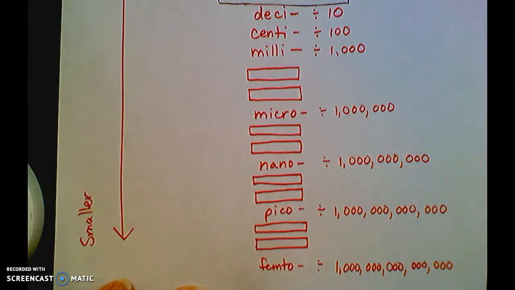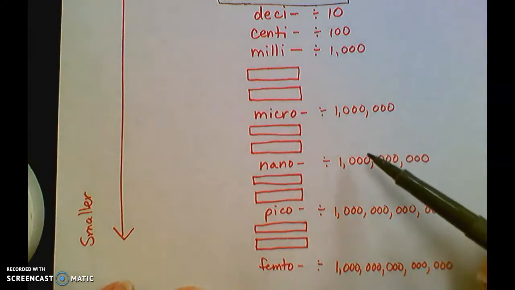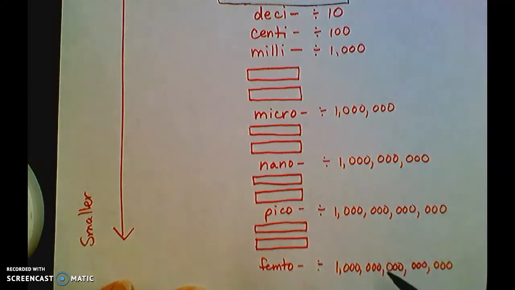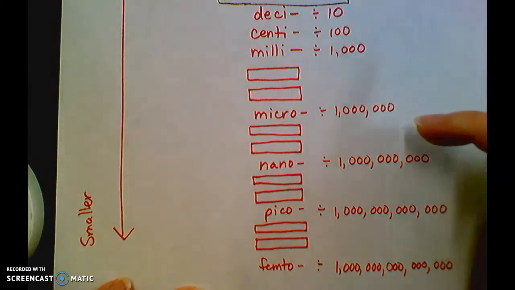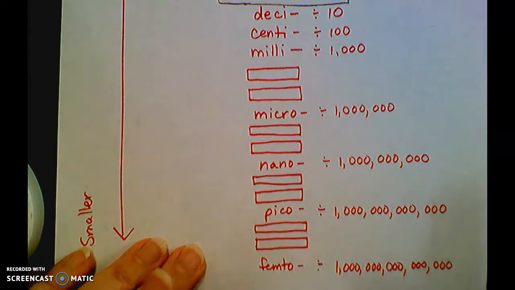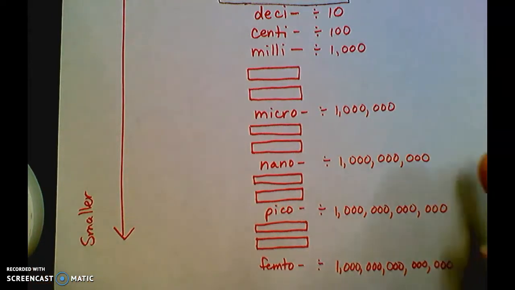And so realistically in chemistry, we talk about things that are at the nanometer scale or the picometer scale, even the femtometer scale. So the smaller units are kind of more important to us when we're talking about atoms than the larger ones. But I just wanted you to have some familiarity with these. They do have abbreviations that go with them.